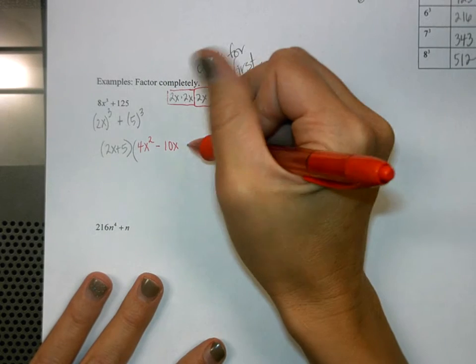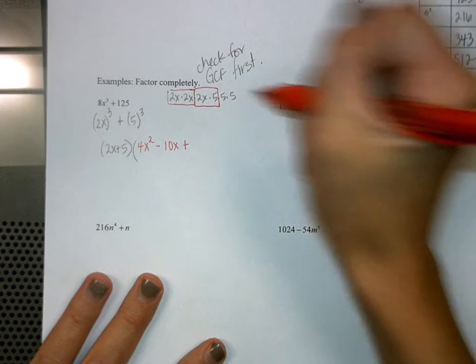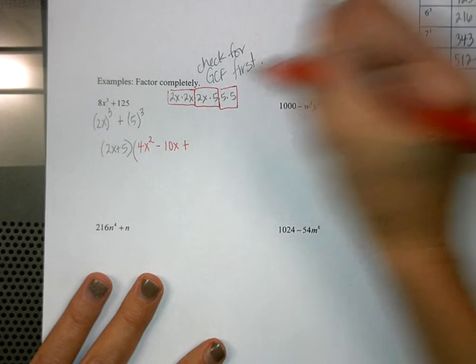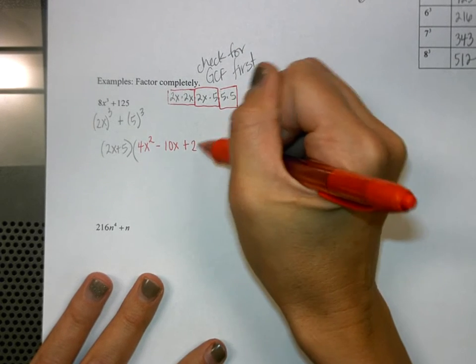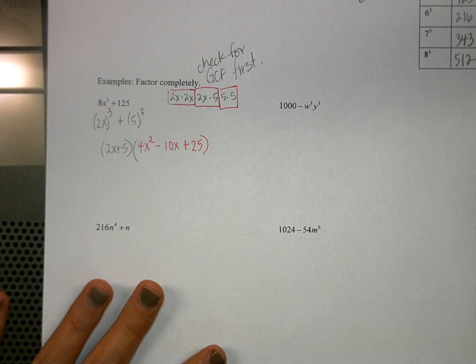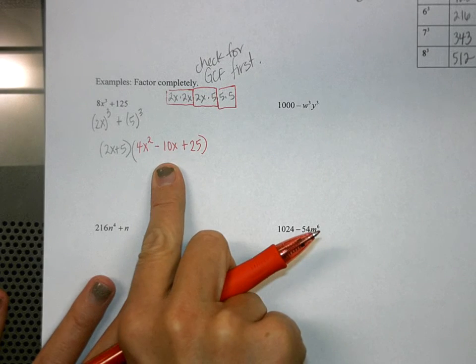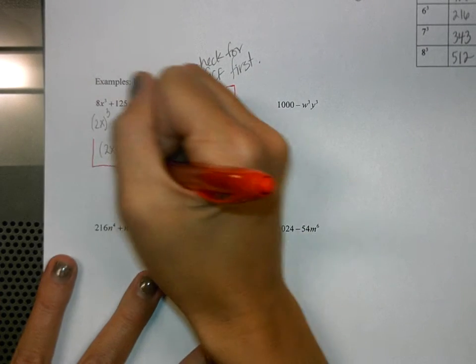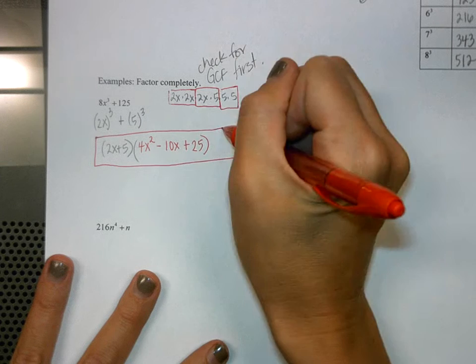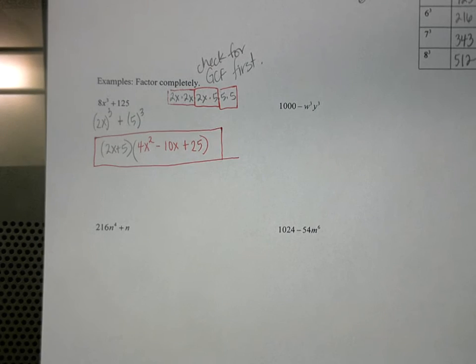And then we know that our last term, the sign is always positive, so I'm going to put a plus. And then 5 times 5 is 25. And that's it. This part right here is not factorable. Okay? We're going to end up trying to factor it later, and because it's not factorable, we'll have to use the quadratic formula. But you can't factor that any further.